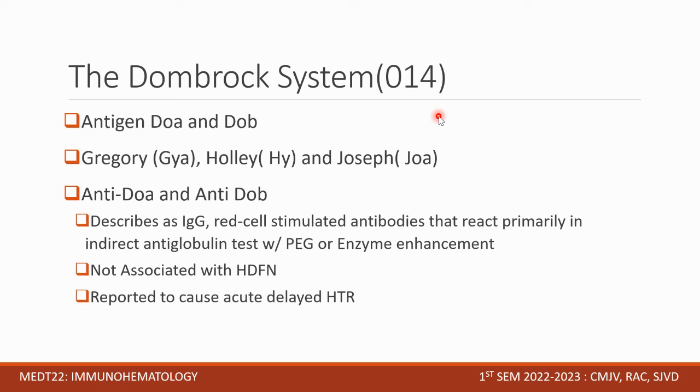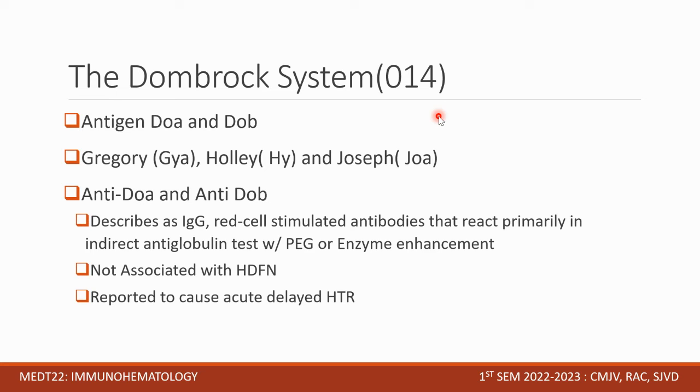Next, we have the Dombrock system, 014. It has two antigens. We have the Doa and Dob. Also si Gregory, Holley, and Joseph. Okay, so si anti-Doa and anti-Dob, they are IgG, red cell stimulated antibodies that react primarily in indirect antiglobulin testing with PEG, or enzyme enhancement. So they are not associated with HDFN.